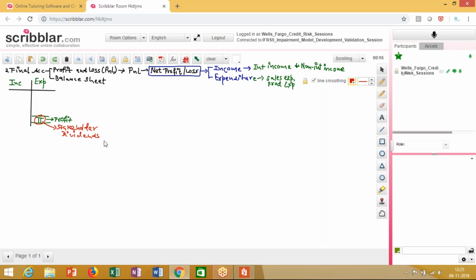So one of the important parts for which this profit is used is the stakeholder dividends.